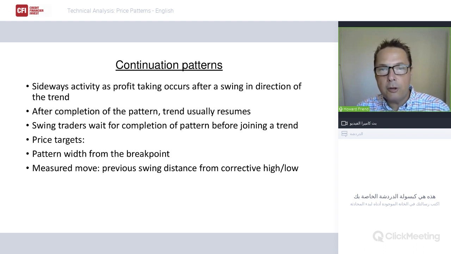So what technicians will be doing is measuring the size of the swing that occurs before the correction, and then adding that to the break point, the point at which the market completes the continuation pattern. So you've got a couple of objectives to shoot for if you're trading in the direction of a trend after a pullback.